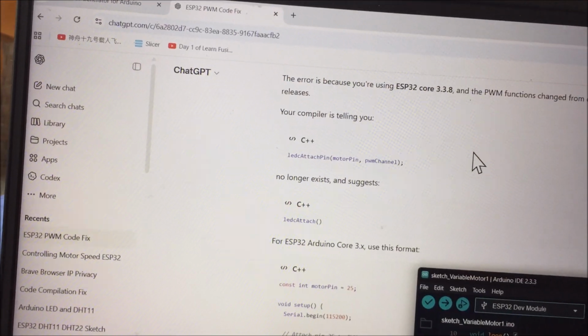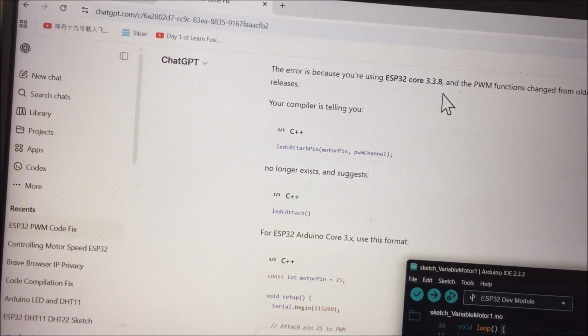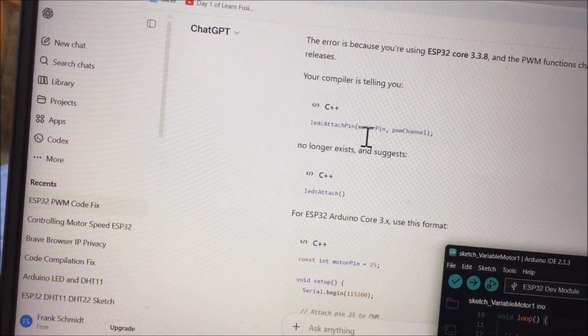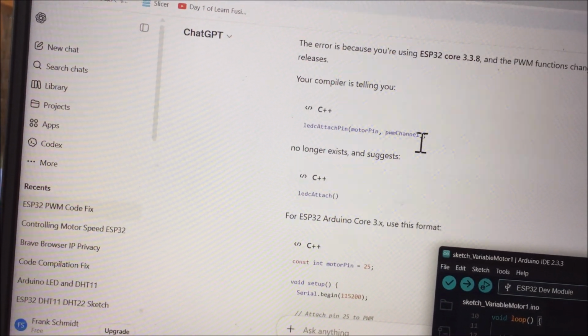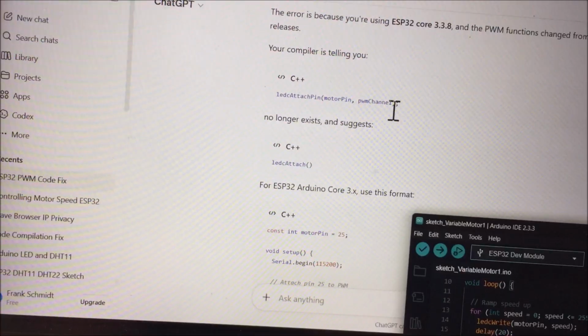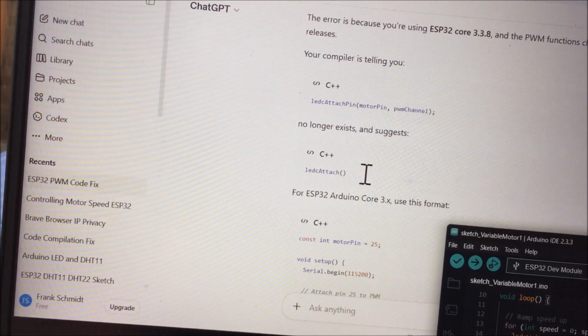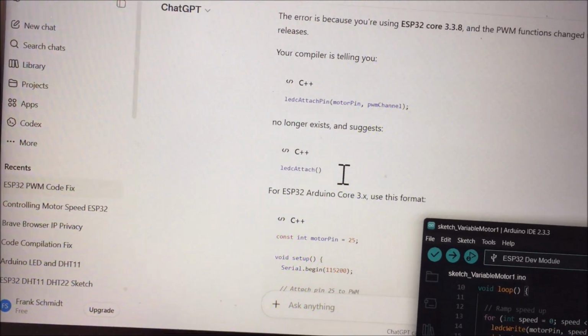And I'm told it's because these cores have changed. And this attach pin no longer exists, and we're supposed to use this attach without the pin.